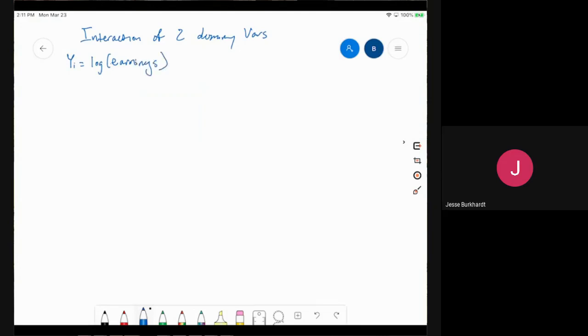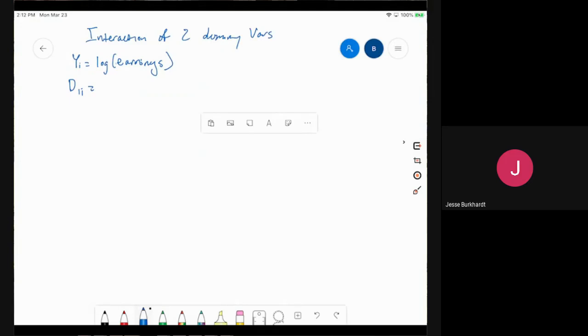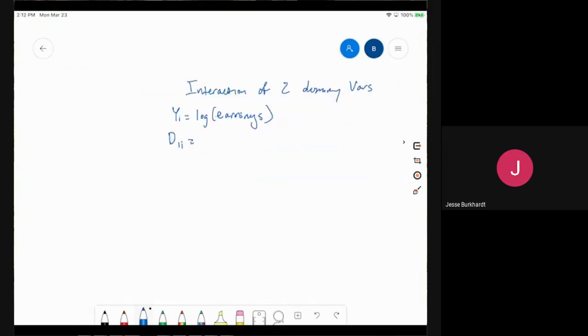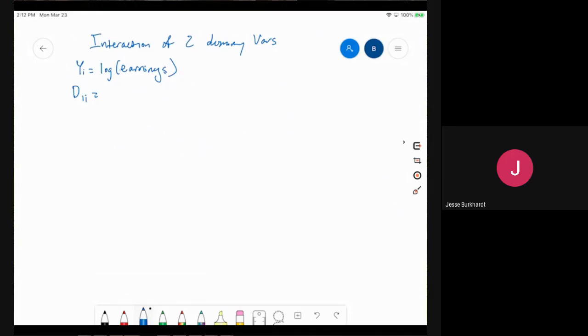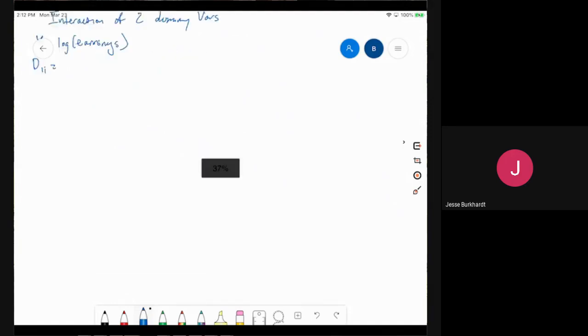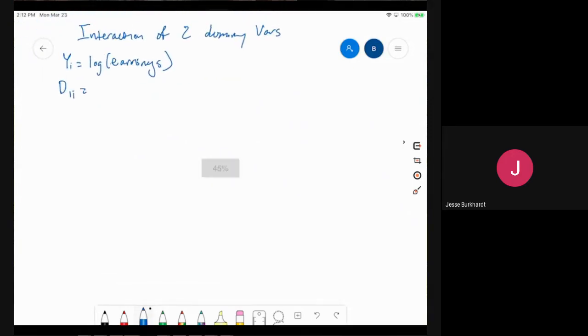We'll have one independent variable that's a dummy, d1i, let's call it.